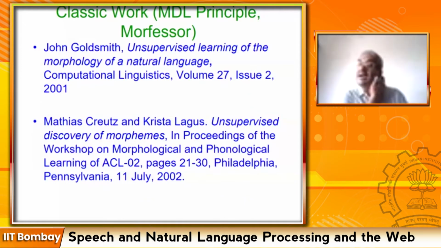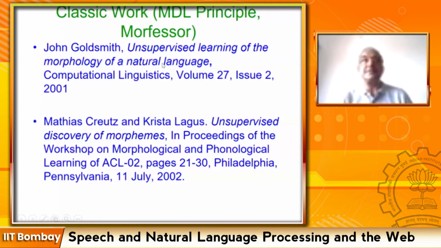Now I have been holding this off for some time. Some of these classic works and modern developments I should mention. One of the classic works is MDL, minimum description length. Are people looking at this slide, MDL, Morfessor MDL? Can somebody verify? Yes, sir. So there is a very celebrated paper by John Goldsmith, Unsupervised Learning of the Morphology of a Natural Language.